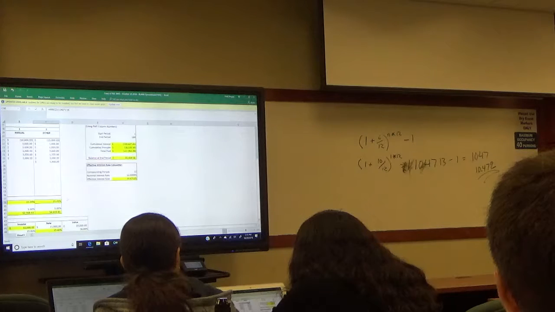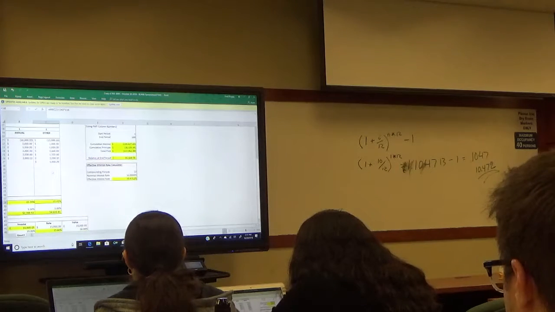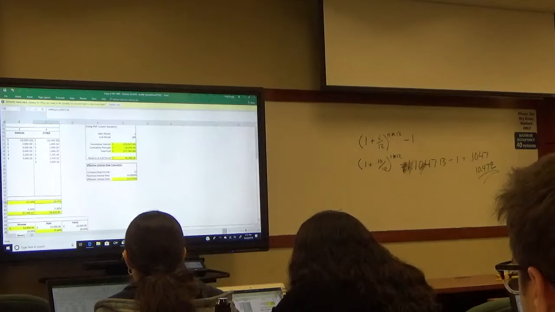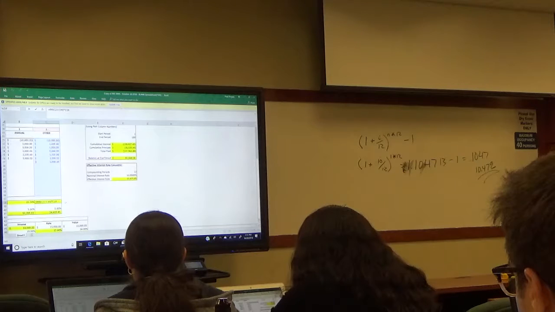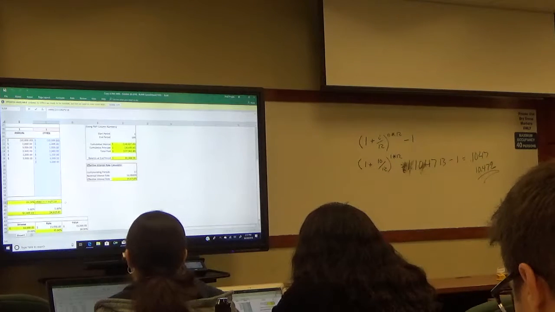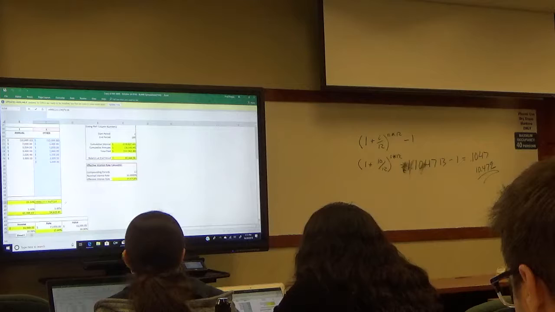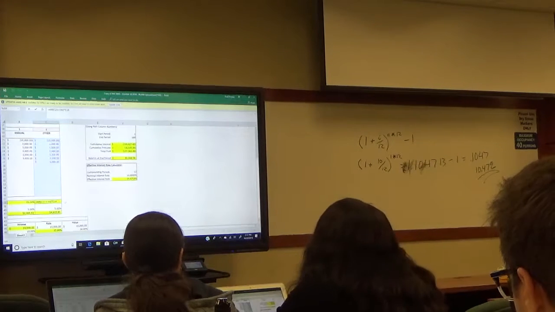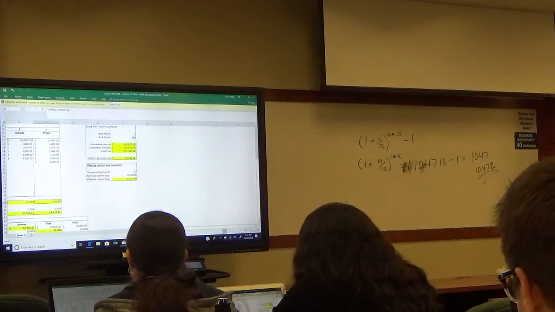Well, you did something wrong. You've got to make sure you've got just the internal rate of return, C21 to C36, close parentheses, times C18, which is the 2. Got it. That should give you the 23.45.